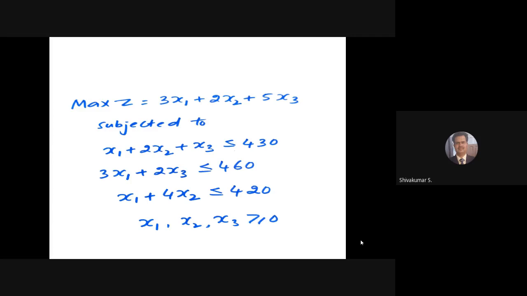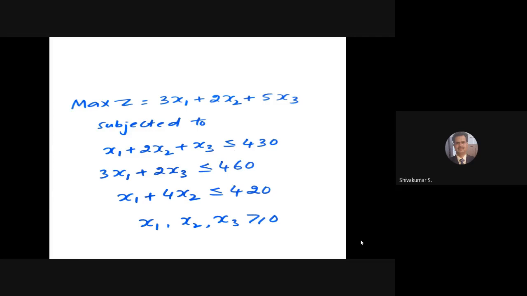Maximize z equals 3x1 plus 2x2 plus 5x3. This is the objective function of the problem, maximization of z, that is maximum z equals 3x1 plus 2x2 plus 5x3, subject to the following constraints.